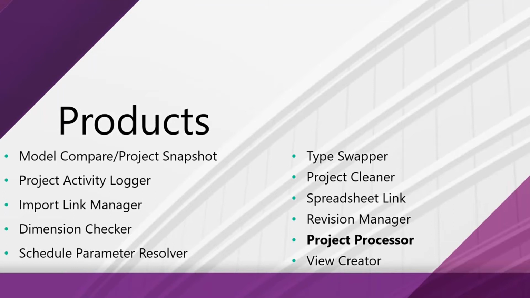Then we covered various other tools: Import Link Manager, Dimension Checker, Schedule Parameter Resolver, and Type Swapper, all from the Manager Suite, and Project Cleaner, sorry. And then we checked Spreadsheet Link and Revision Manager and View Creator from the Project Suite. And today we are going to talk about Project Processor.